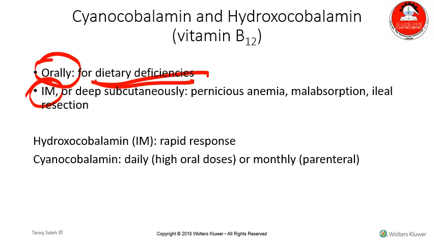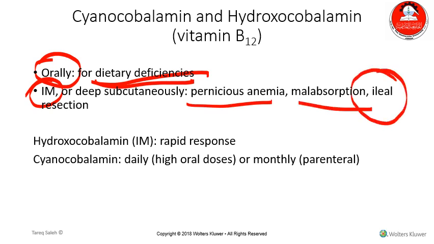But in patients who have other disorders such as pernicious anemia, malabsorption, or have undergone ileal resection, some surgical removal of parts of their small intestine due to whatever reason, those patients will not benefit from oral vitamin B12 because they won't be able to absorb it. That's why we use parenteral or intramuscular vitamin B12 to correct that.